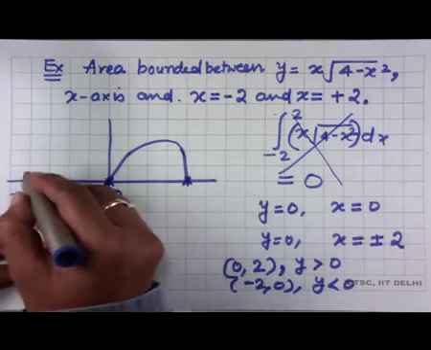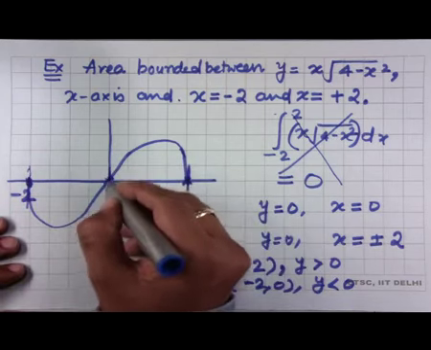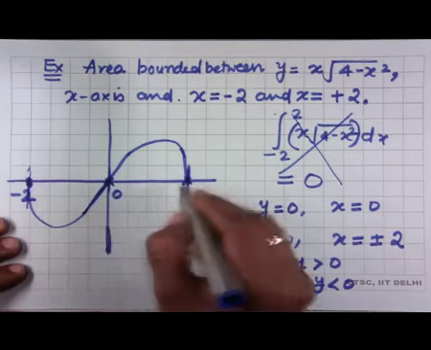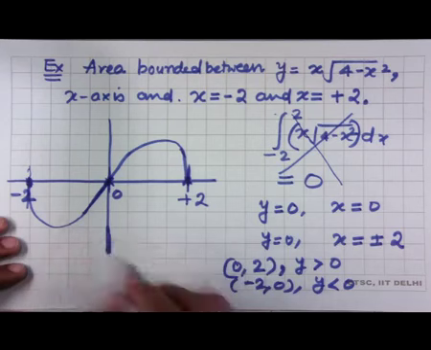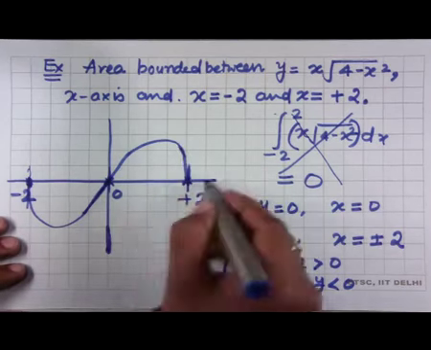To find out how this curve will look exactly here and here, if you are interested in knowing more about the curve, you have to find the derivative and its value at 0, minus 2 and plus 2, so that you know how the curve is crossing at minus 2, 0 and 2.